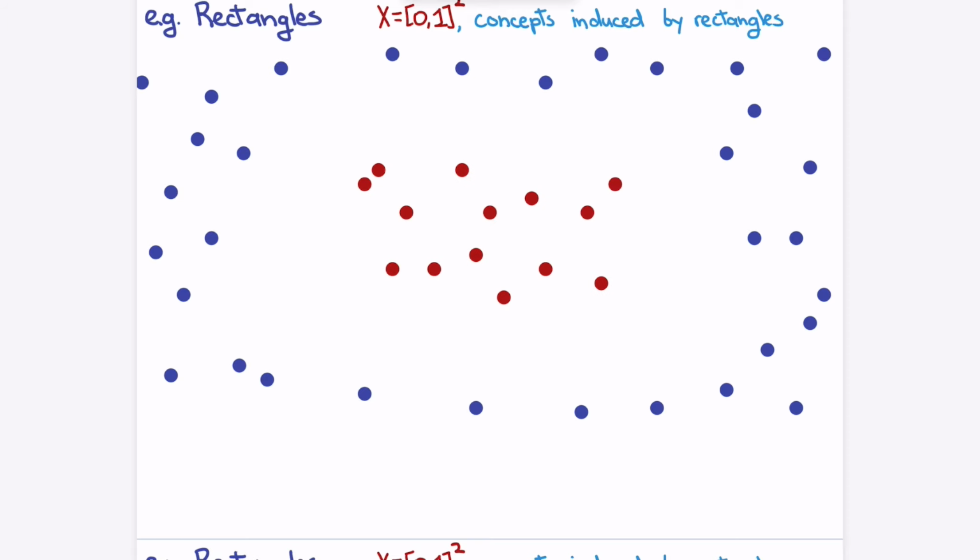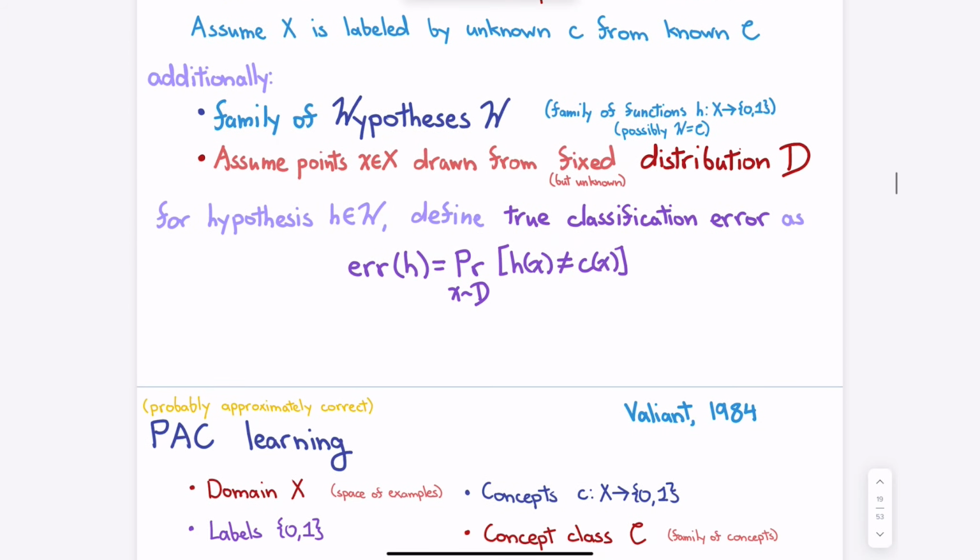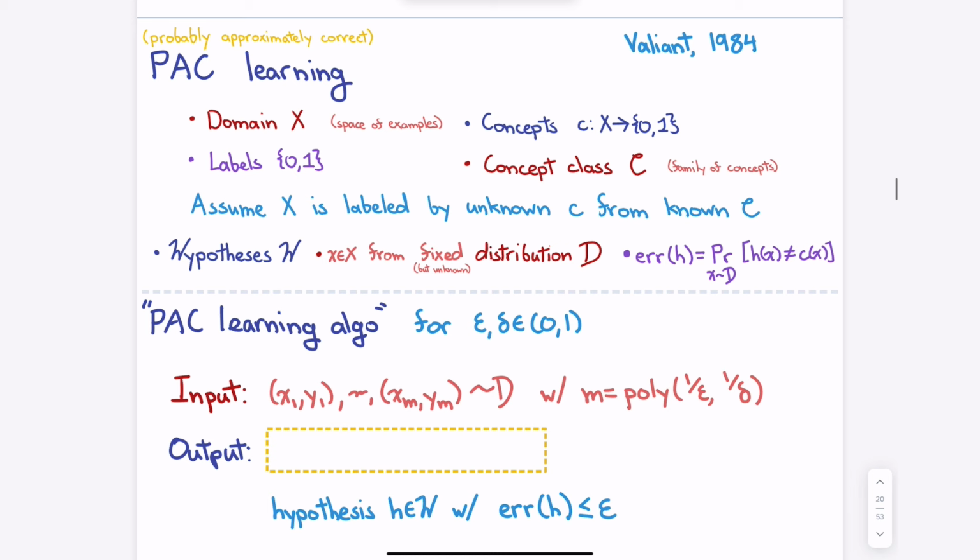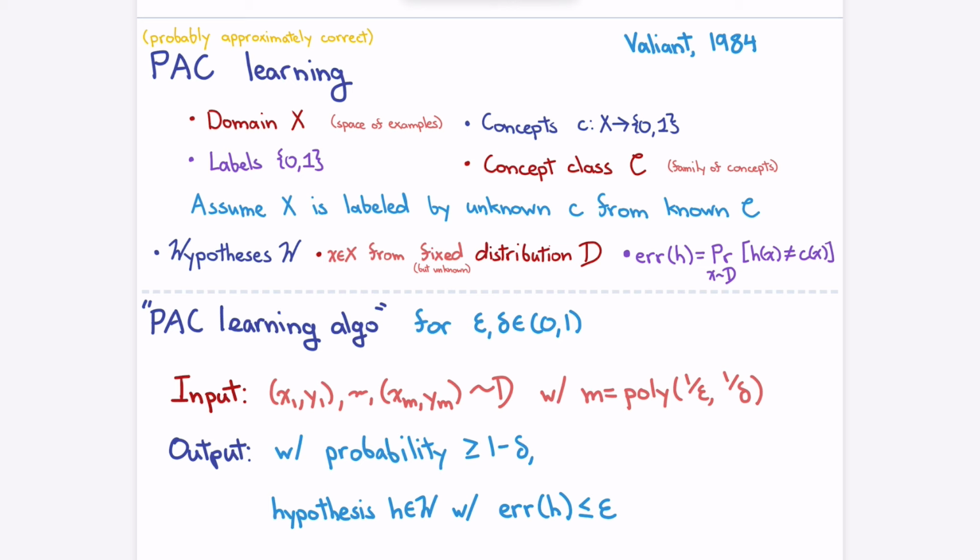So a really key point about this model, which seems so simple, but I think is a really important conceptual contribution, is to say, I'm going to also give you some parameter delta, and you should be able to output a good hypothesis most of the time, assuming the input data comes from this distribution. So input data comes from a distribution and your true error is with respect to the same distribution.